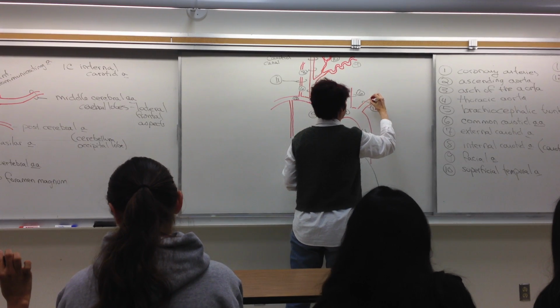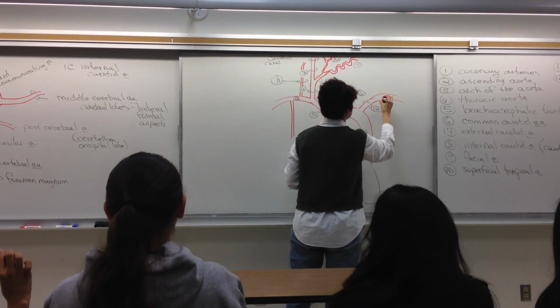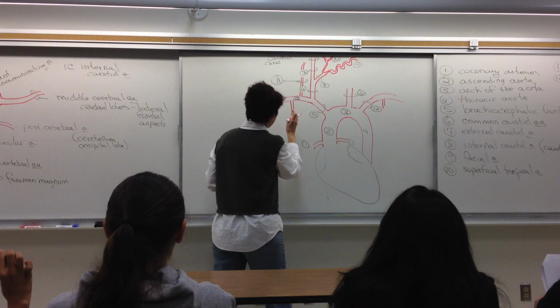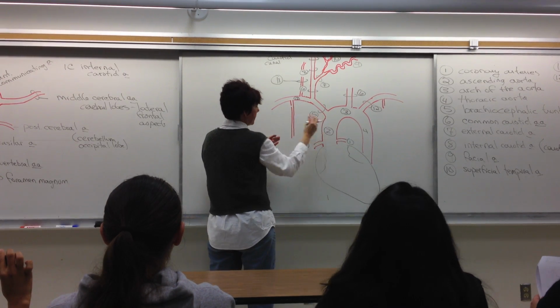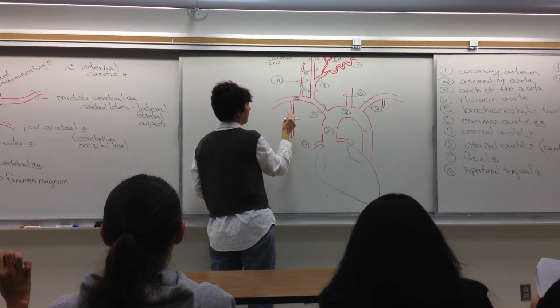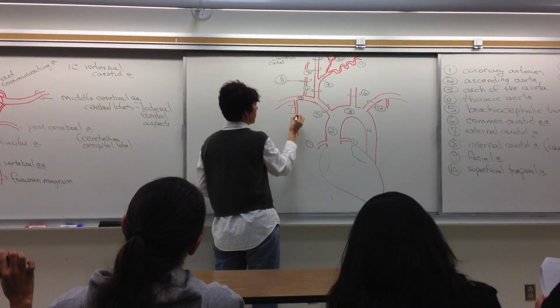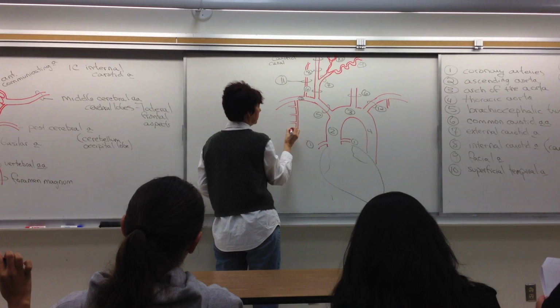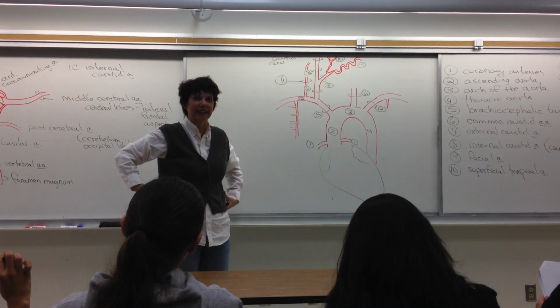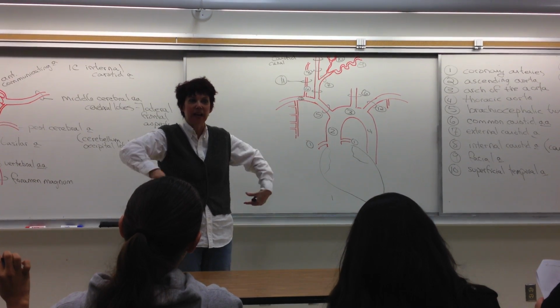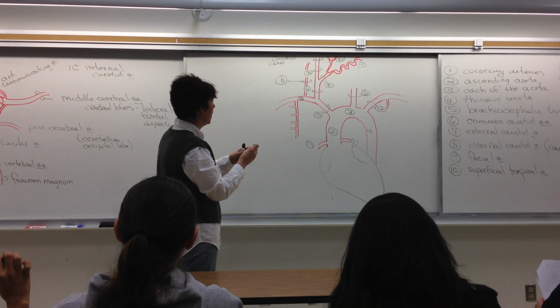It's going to do so on both sides. And it's going to give branches that kind of separate a little bit because our sternum is really here. But it's going to give arteries that run between the ribs from front to back. It's going to meet up with vessels that come from the back and come back around.